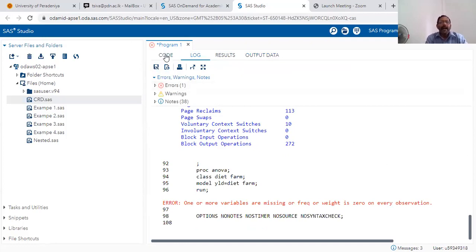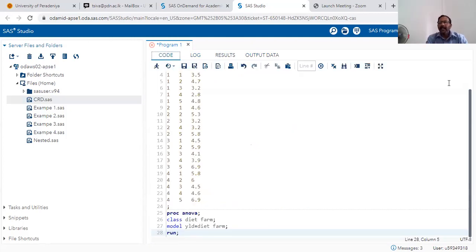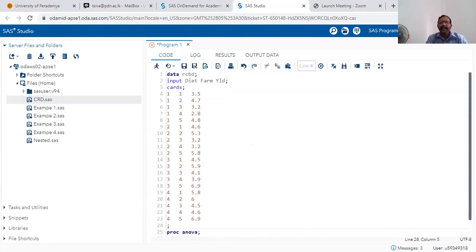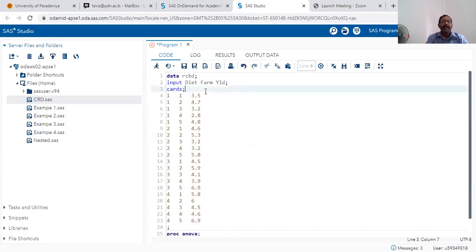How did we get the data here? What did I do here? How did I enter the data? From the Excel sheet.